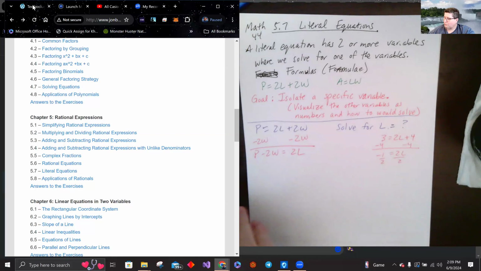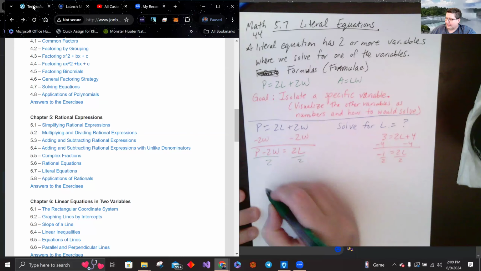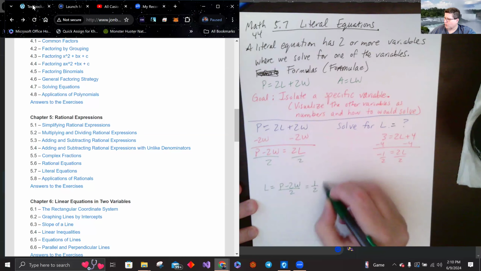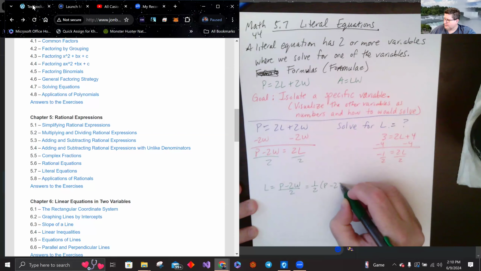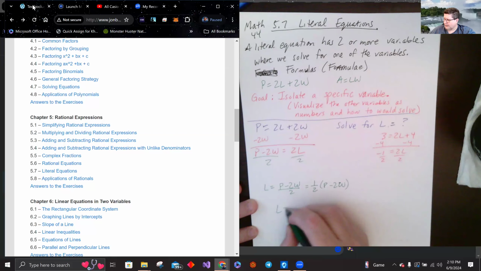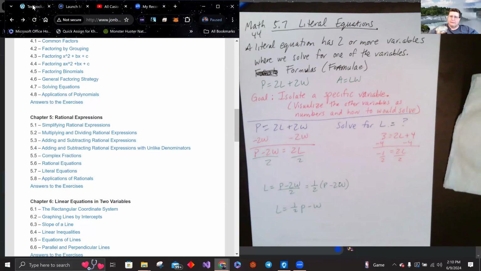And just like we did with L, we will divide by 2. And I can say L equals P minus 2W over 2. Or I could treat this as 1/2 times P minus 2W. Or I could say L equals 1/2 P minus W by distributing. Not too bad. Just got to treat the other letters like numbers and solve like you would.